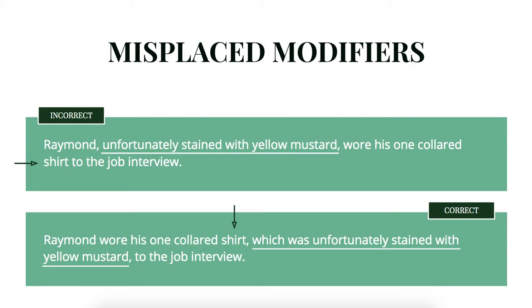Also, you'll probably notice that in this correct example, we have commas setting off non-essential information. That's a good review for a video you watched a couple weeks ago. But the key point here is that we've taken the modifier, which is our extra description, and we've placed it next to the noun that it is describing.